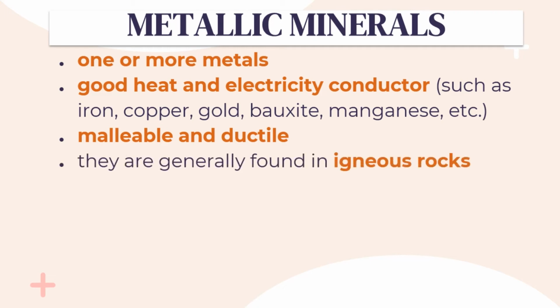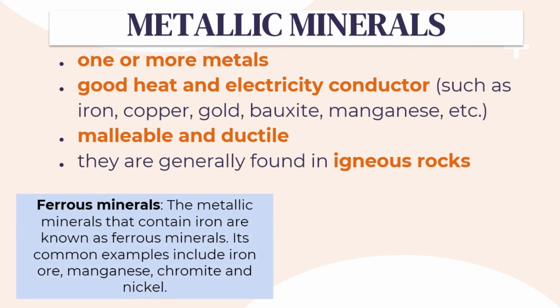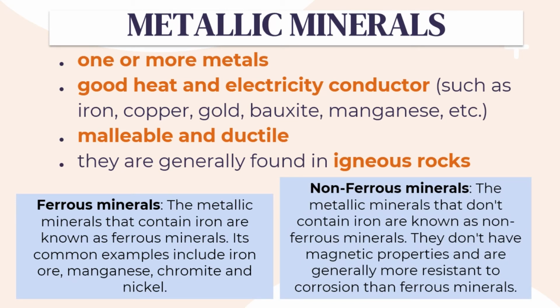Metallic minerals are generally found in igneous rock, which are formed by cooling and solidification of lava or magma. And metallic minerals are categorized into two, which are ferrous and non-ferrous minerals. Ferrous minerals contain iron, while non-ferrous minerals don't.